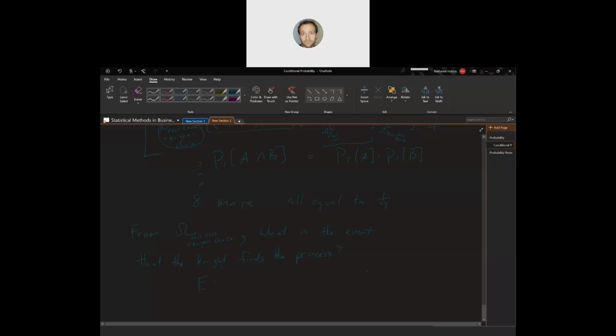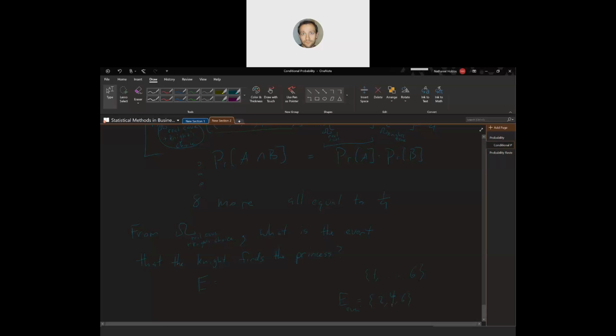So, for example, if I have a die with numbers 1 through 6, I could define the event even as being 2, 4, 6, with the corresponding probabilities.